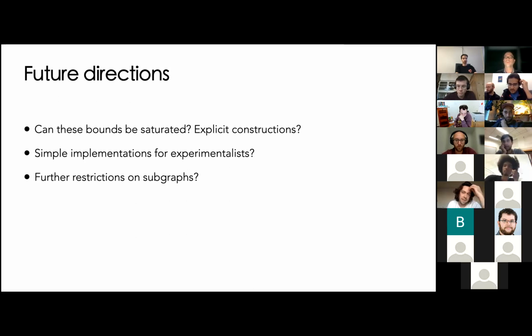If I can add something regarding saturating these bounds. One potential explanation why these bounds seem hard to saturate is that I think they probably apply to subsystem codes too, whose gauge group has local generators. And in that case, these bounds would tend to be tight since they are known to be almost saturated for any d-dimensional space.